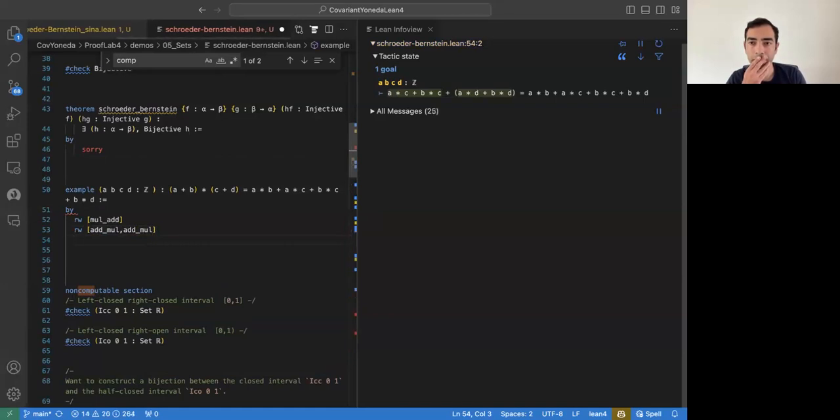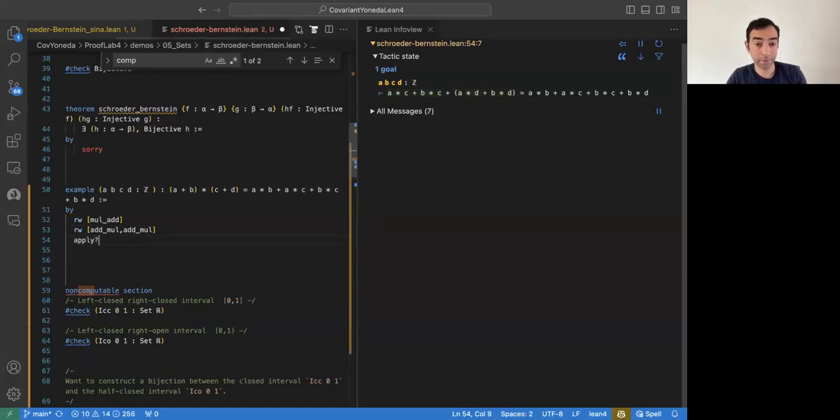Okay. Now maybe at this stage, apply helps. I'm not sure. I mean, this is quite a new tactic, and it's not as good as others, but sometimes it's useful when you do Lean. But we can wait to see what it suggests.